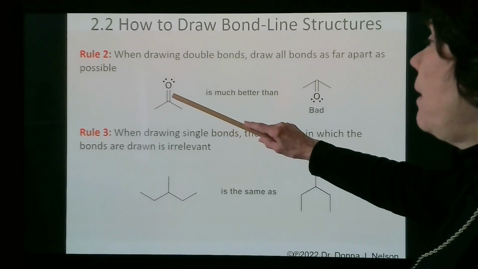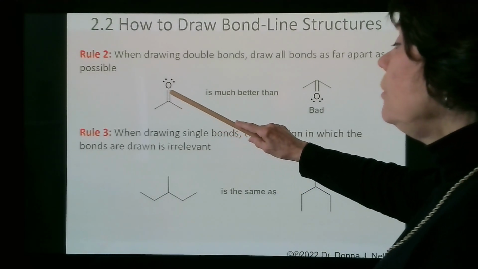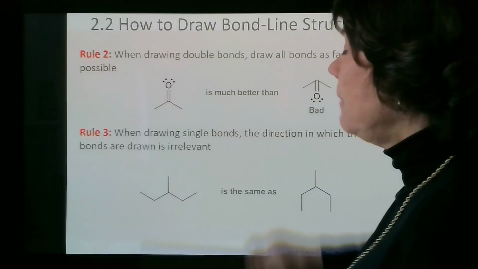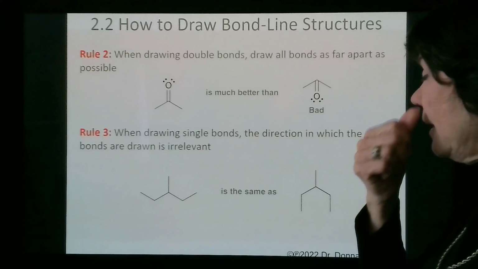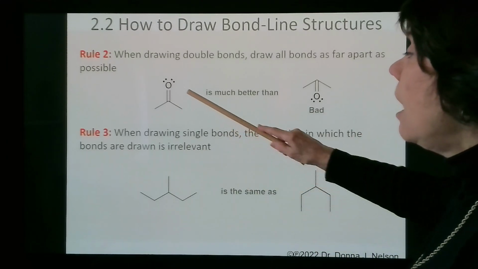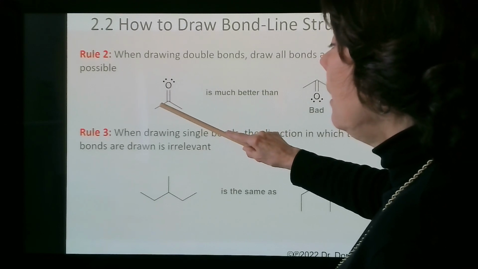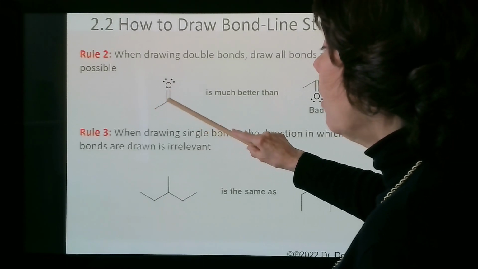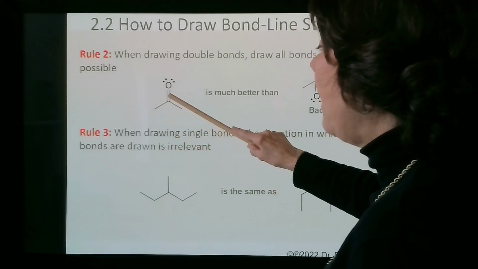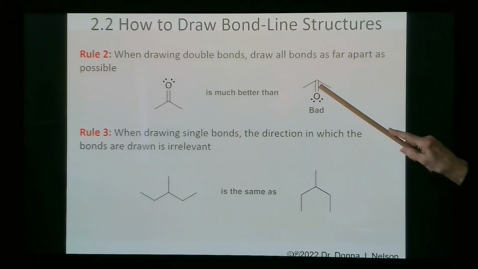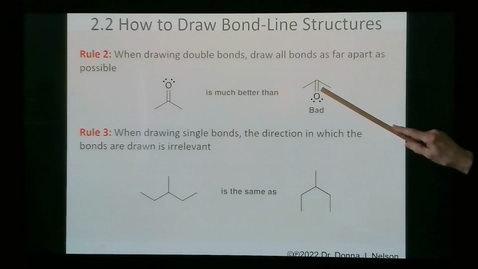When drawing double bonds, you should take some care to draw them in a way such that the bond angles are at least approximated. So the bond angle here in the carbon-carbonyl bond is about 120, so you definitely would not draw the molecule like this.